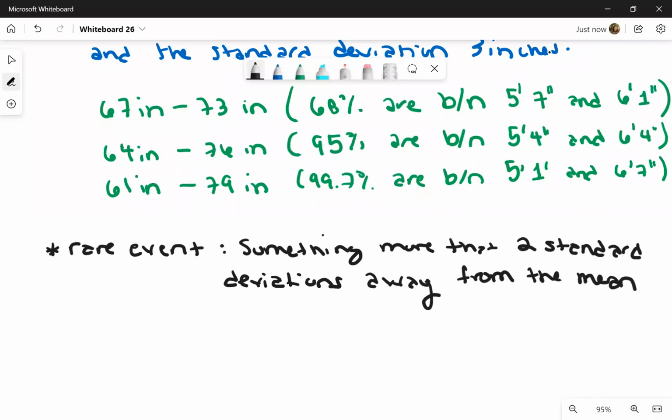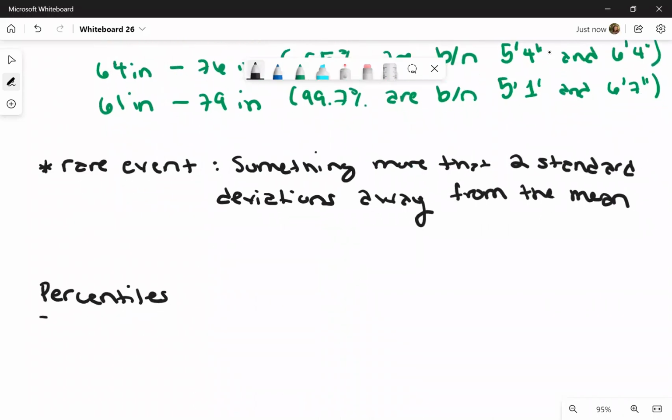Okay. Cool. Now, the next thing they spend a little bit of time talking about are percentiles. This is something, especially in school, that we're pretty comfortable with. So really quick, I just want to define a percentile.